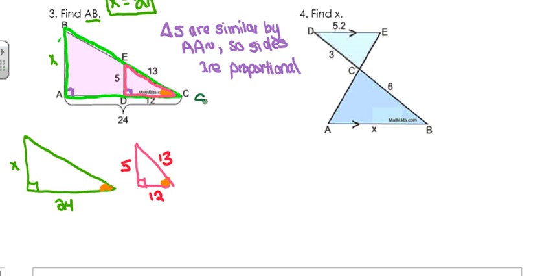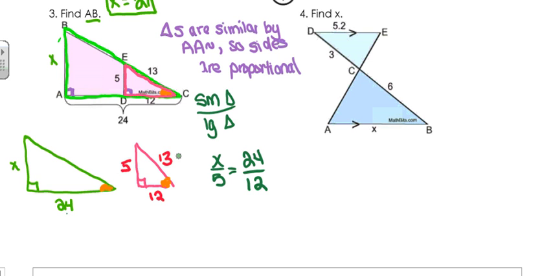And again, I like to put the sides of the small triangle over the sides in the larger triangle. So I've got x over the left side in the pink triangle, which is 5, equals 24 over the bottom side in the pink triangle, which is 12.